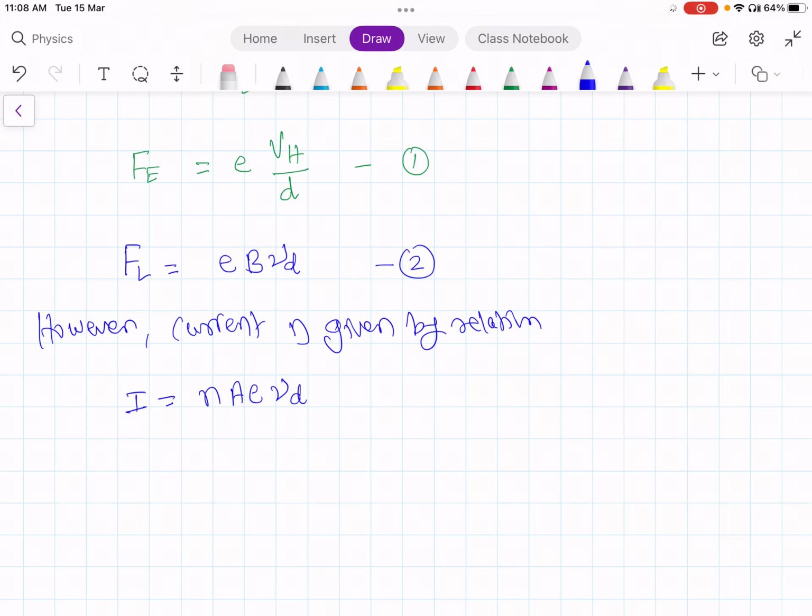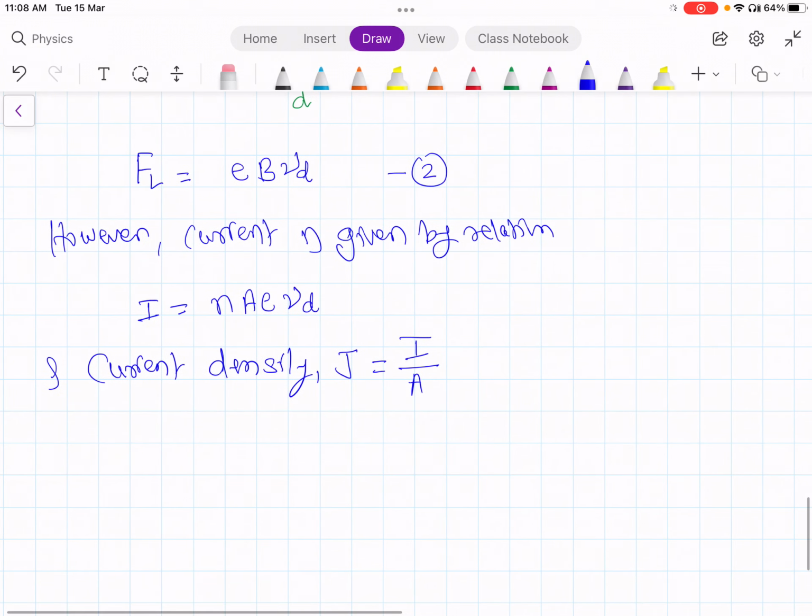You also know that the current density is denoted by the letter J, which equals I upon A. So let us substitute the value of I in this equation.